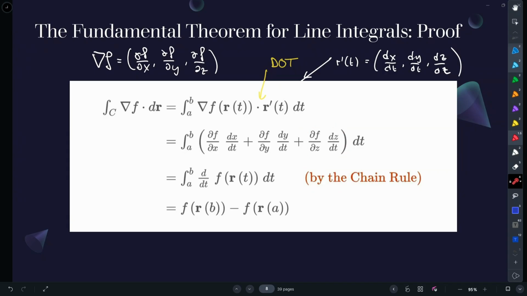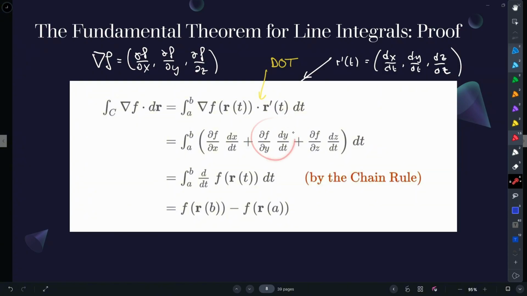Now if I just look at this piece here and integrate with respect to t, using the chain rule, it is just f. So I can integrate that using the chain rule and u-substitution as f of r of t, with the bounds between a and b.